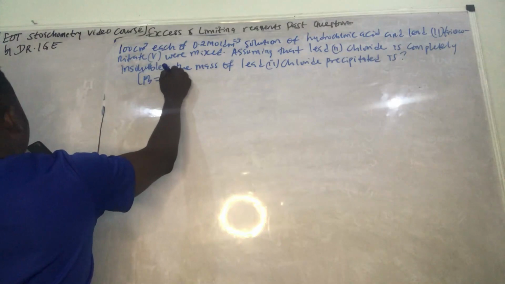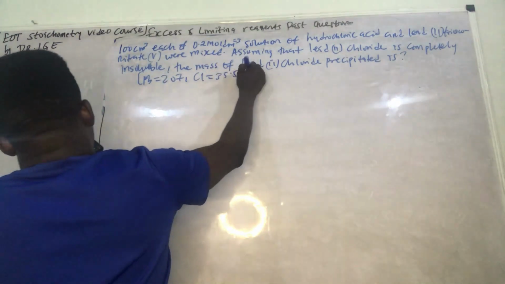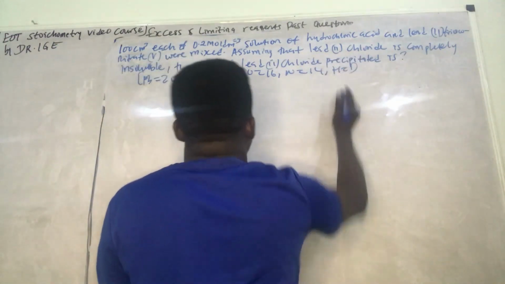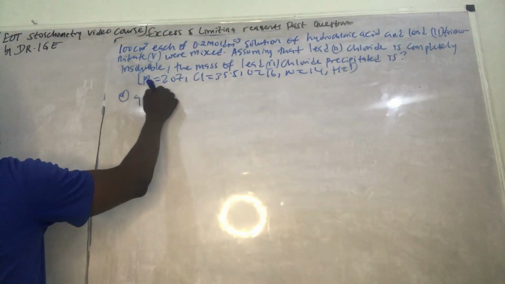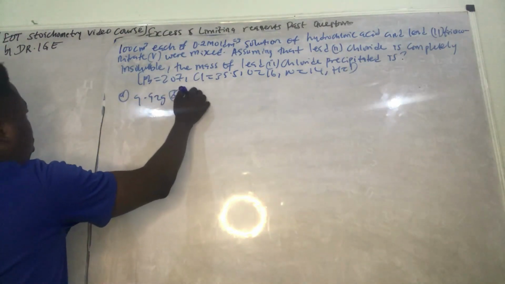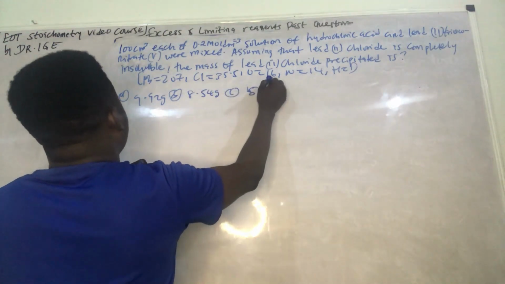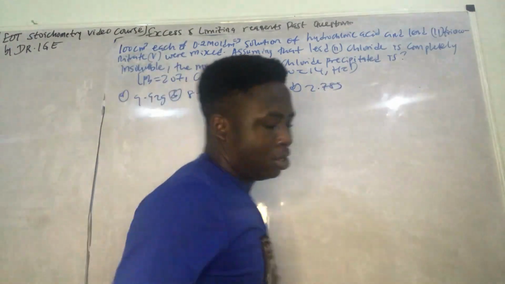Lead is 207, chlorine is 35.5, oxygen is 16, N is 14, H is 1. Look at the options. Option A, 9.92 gram. B, 8.54 gram. C, 5.56 gram. D, 2.78 gram.